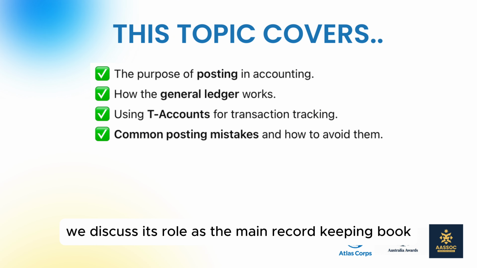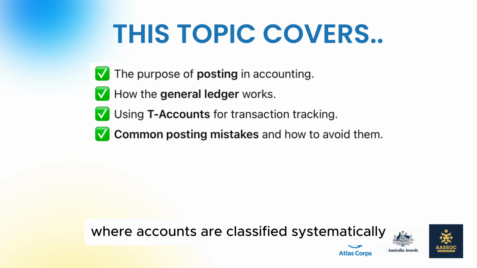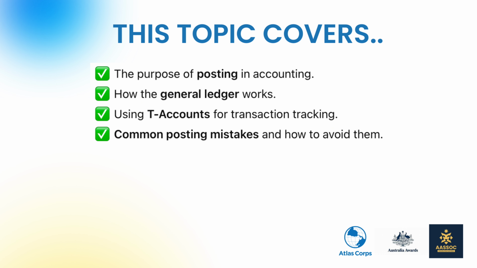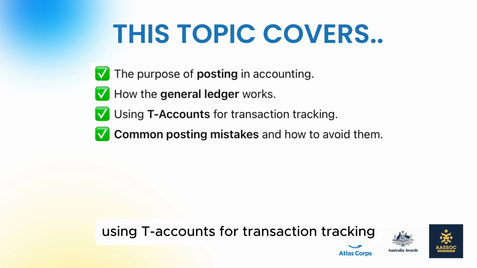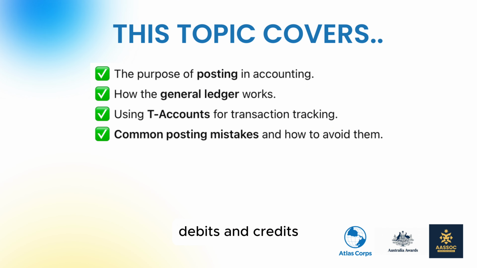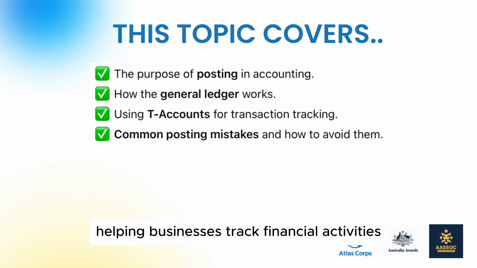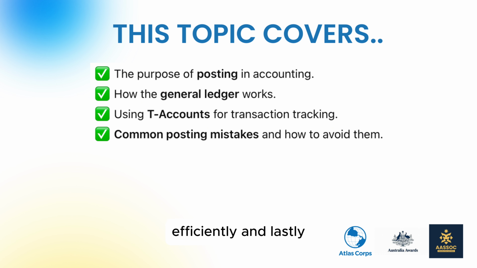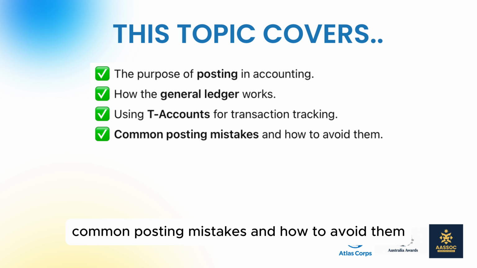We discussed its role as the main record keeping book where accounts are classified systematically. Using T accounts for transaction tracking, we saw how T accounts visually represent debits and credits, helping businesses track financial activities efficiently. And lastly, common posting mistakes and how to avoid them.